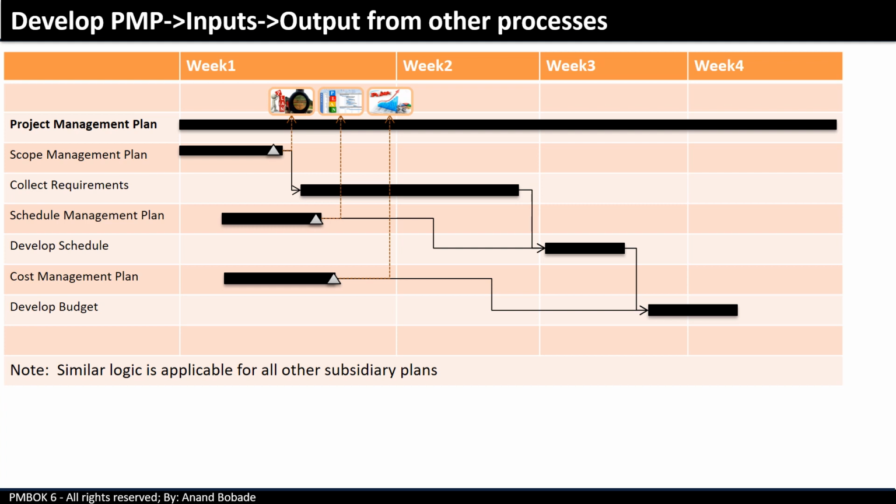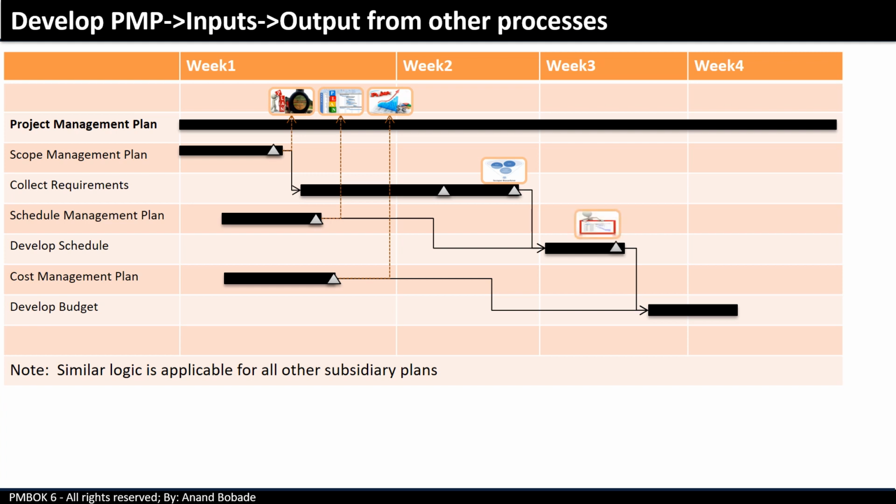The business analyst will start activities as per the scope management plan and start collecting requirements, creating the scope document, and he will prepare the scope baseline. The technical lead will use the scope baseline and schedule management plan to prepare the schedule.